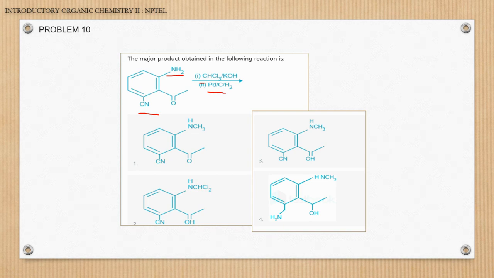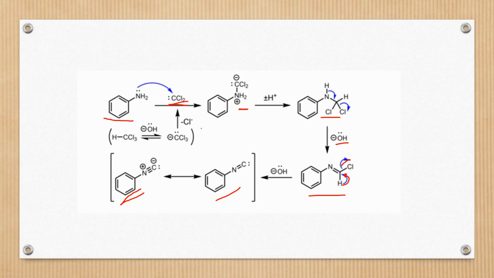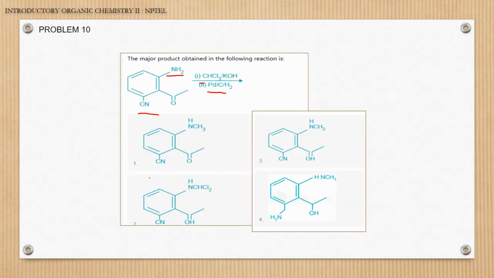So what will happen in the case of hydrogenation, guys? So this isocyanide group will take up protons. Basically here, these hydrogens are taken by carbon and this nitrogen will stabilize the charge.